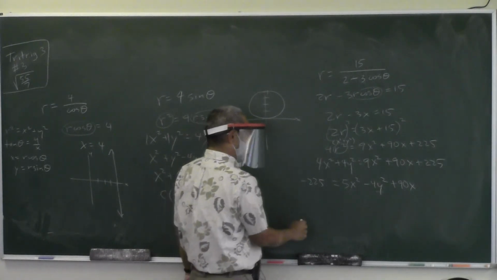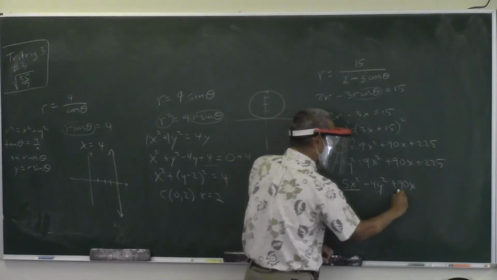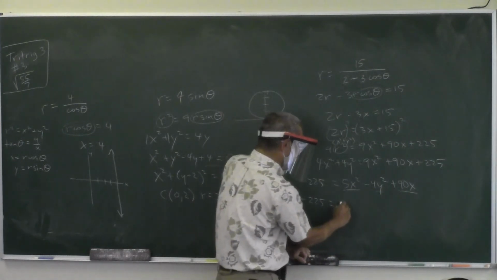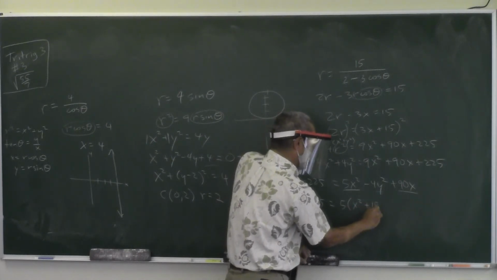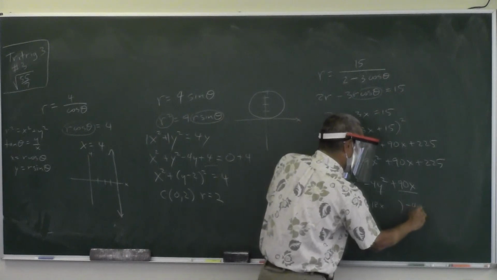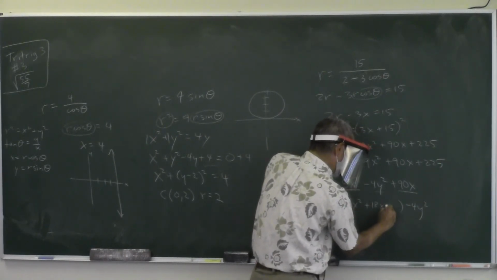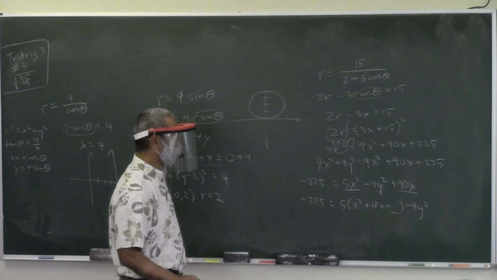Okay, so how do I put it in standard form? Okay, here's your x terms. What can be factored out? Factor out the 5, so you get x squared plus 18x, leave a space to complete the square, minus 4y squared. What do I have to add right there to make a perfect square?